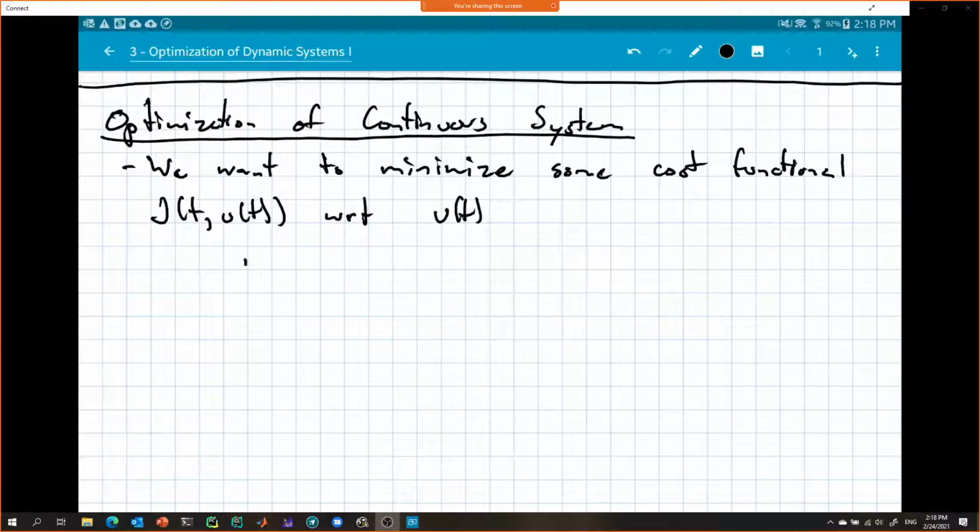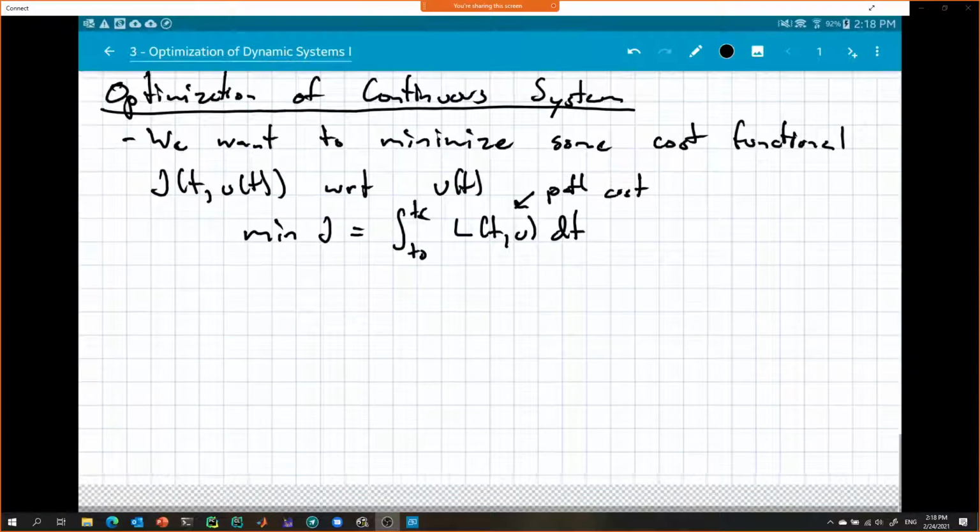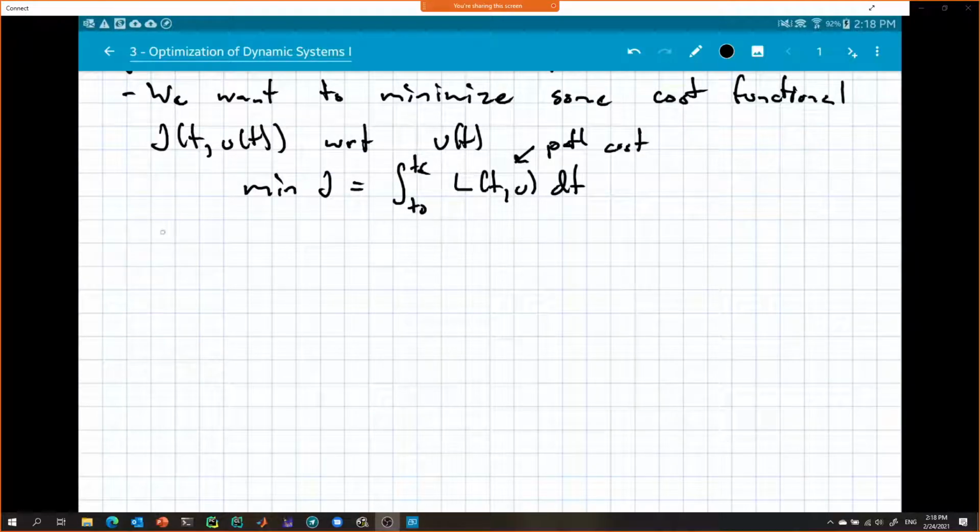We have min J, and for now we're just considering the path cost, so this L is the path cost. We're going to ignore initial and terminal costs for now. And right now, t naught and tf are fixed.